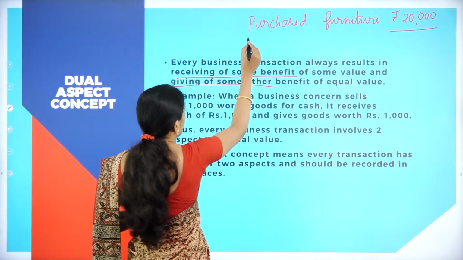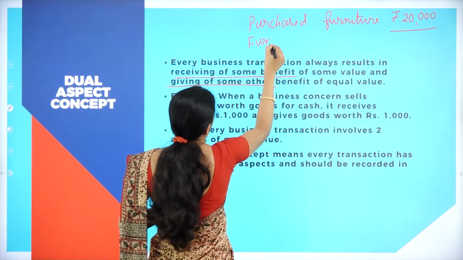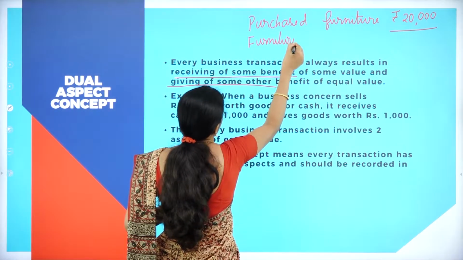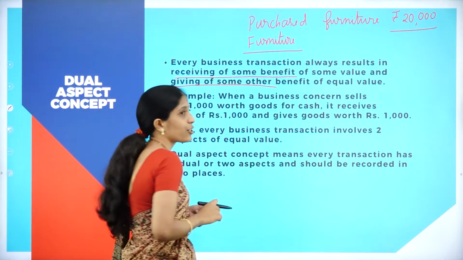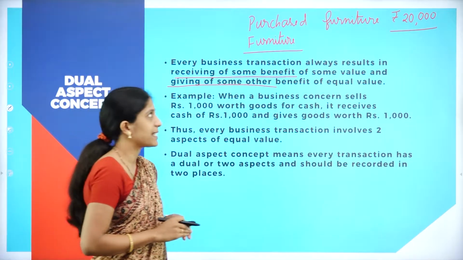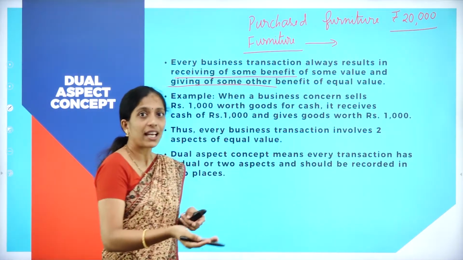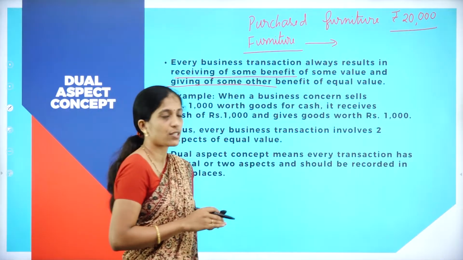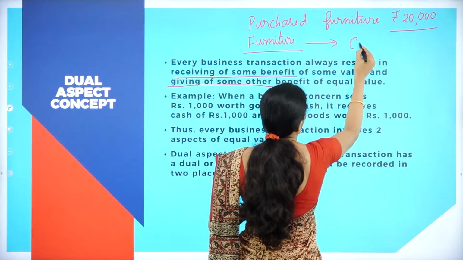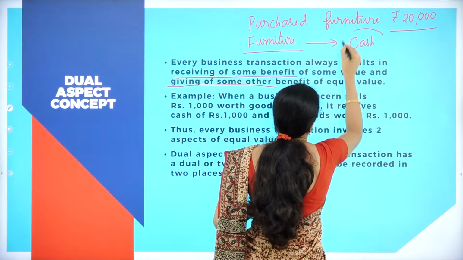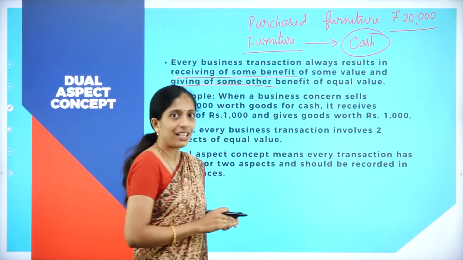So, what comes to the business? Furniture. So, furniture is what? That is taking effect. Furniture comes into the business. At the same time, when we purchase furniture, we have to pay cash worth rupees 20,000. So, here giving effect is what? Cash, because cash goes out of the business.